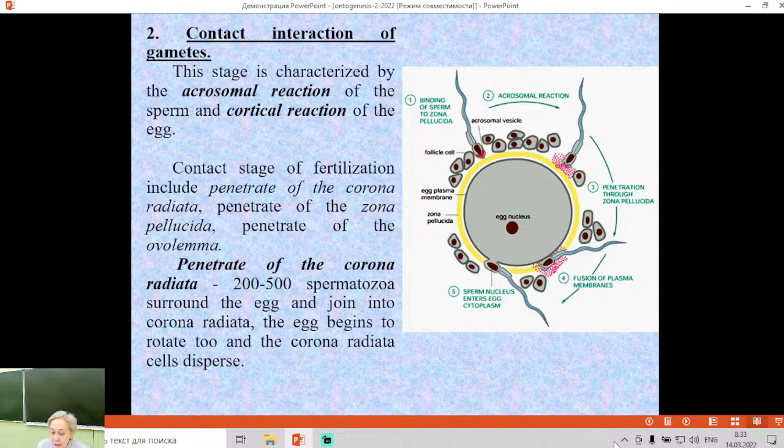At this stage, 200 to 250 spermatozoa surround the egg and join the corona radiata. The egg begins to rotate too, and corona radiata cells disperse. And you see this process on this slide. With this, the follicular cells of the corona radiata disperse.